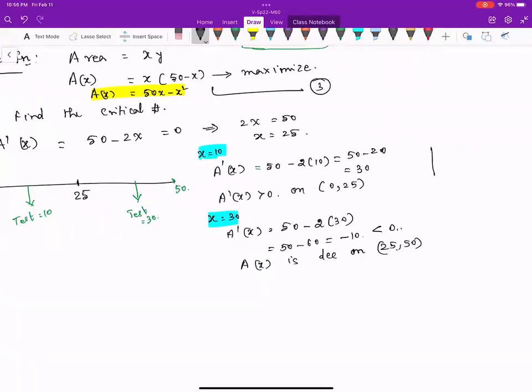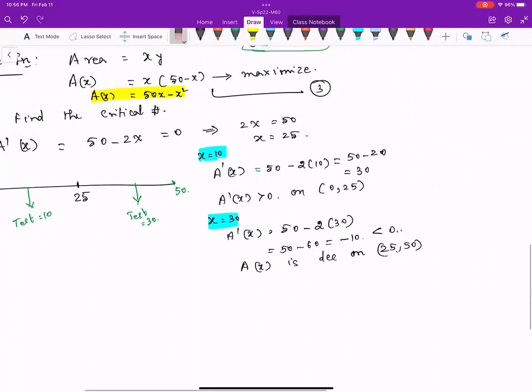So if you consider 25 as a critical point, it is increasing to the left of 25 and decreasing to the right of 25.